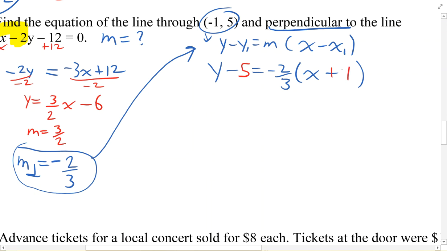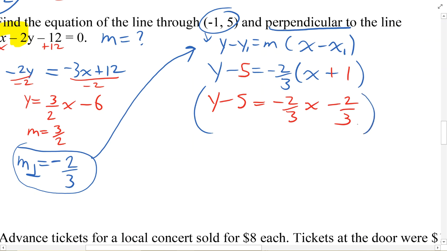Okay, so there's my slope point form. Now you have to multiply to get rid of your brackets. Now that your brackets are gone, let's get rid of our fractions.